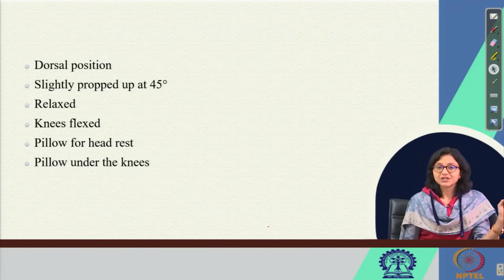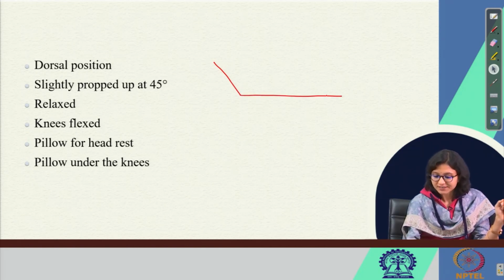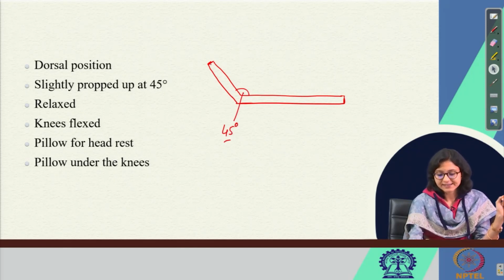Now coming to the position of the mother. So mother should be in the most comfortable position. This is, say, the bed, and this is the head end, right? So this is the bed, and this is propped up at 45 degrees, right? The head end is propped up, and mother is lying down here.